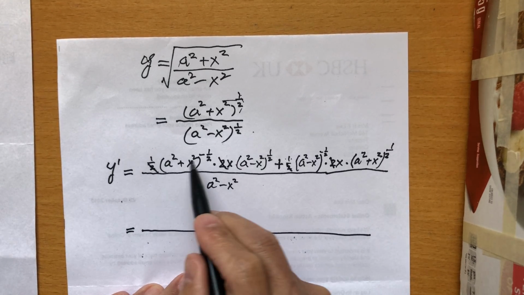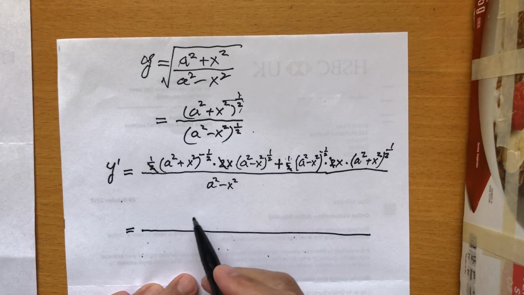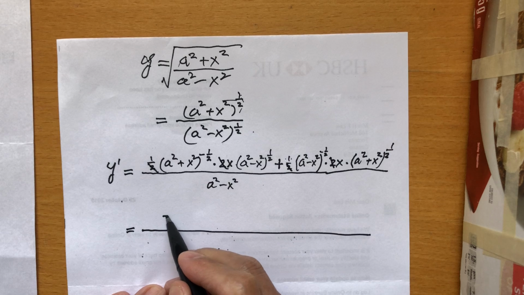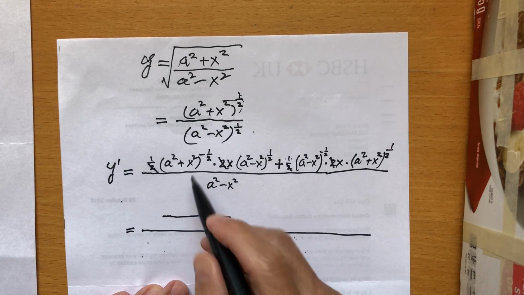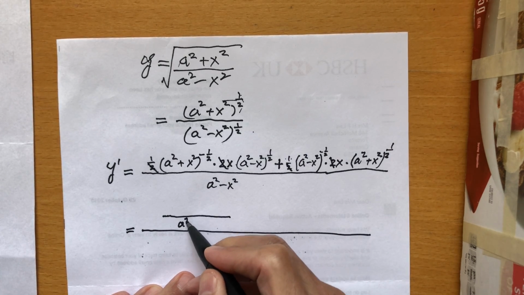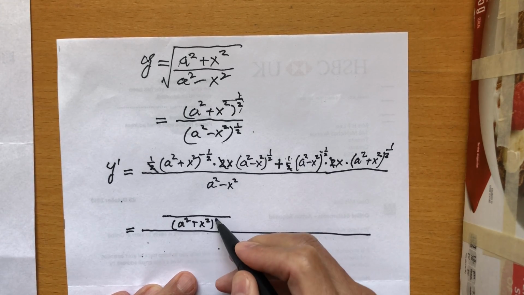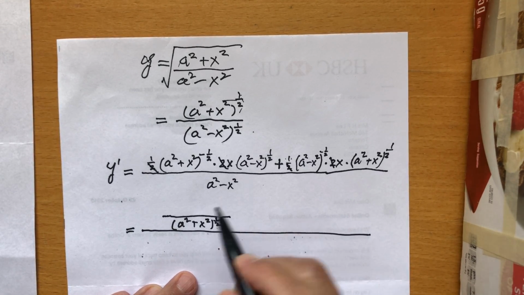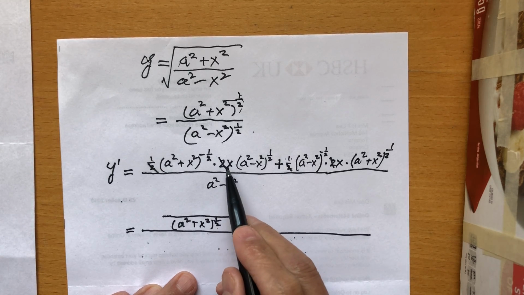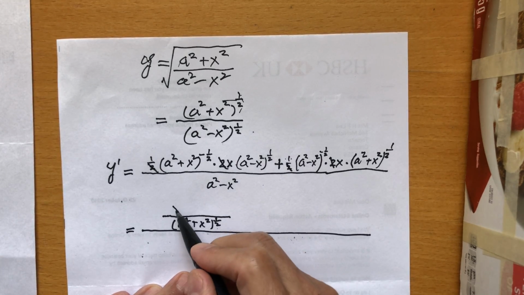So I put this in the denominator because it's a negative exponent. So a squared plus x squared, to the 1/2. And the numerator is x times this.